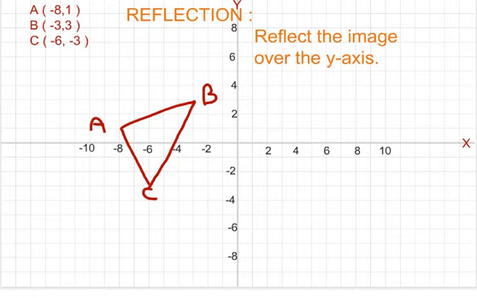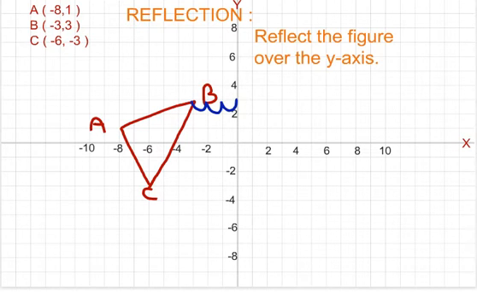If you reflect the figure over the y-axis, you're going to get, okay, so I've corrected what was written there, because it was written reflect the image. It should have been written reflect the figure over the y-axis. So same thing, I'm going to reflect B over the y-axis. I can count how many squares there are between B and the y-axis line.